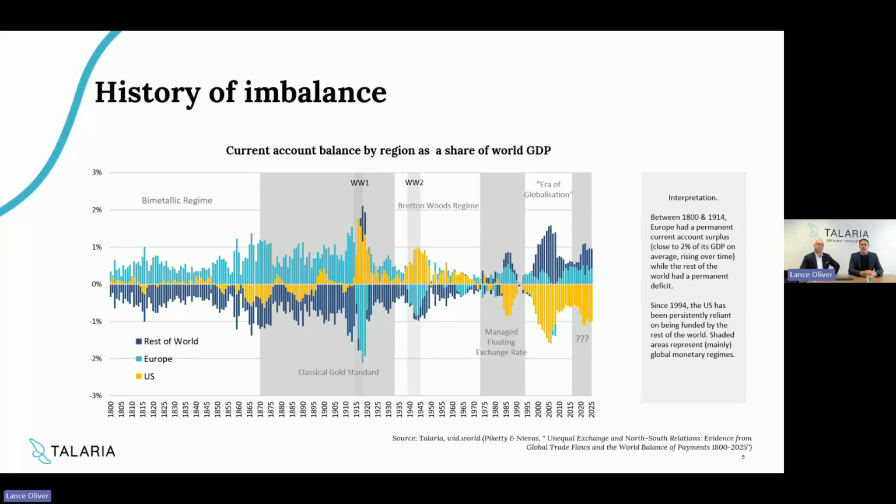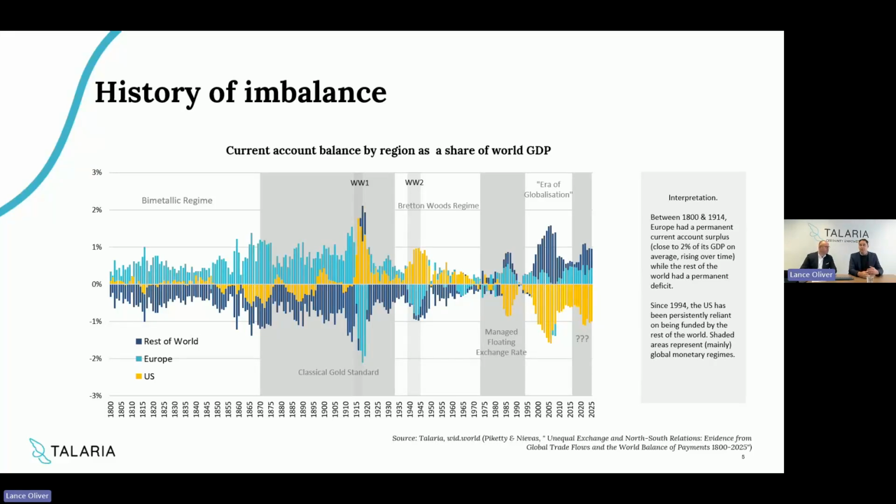And the second key thing is that you can see the amount of capital, ultimately the income earned by the US, has been deeply negative since what we've termed the era of globalization, which we mark as really starting in the very early 90s with the accession of China into the global trading economy, and of course the fall of the Berlin Wall at the end of the 1980s.